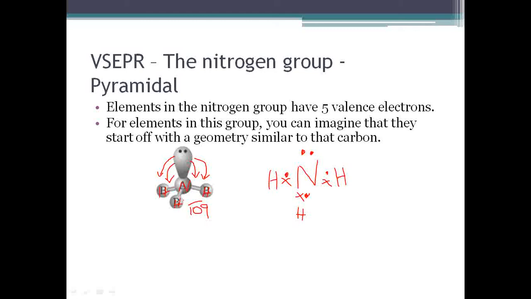So they kind of squash these bonds up a bit. So instead of being 109, these actually get squashed up to about 107 degrees. And because this structure is different to that tetrahedral structure, it's given a different name. It's called pyramidal. So there you have it. There's the structure of all of the nitrogen compounds. Now it doesn't matter, of course, whether you've got hydrogen here, carbon or whatever, you're going to get the same kinds of structures. Alright, I'm going to leave it there and then I will go on to part 3.